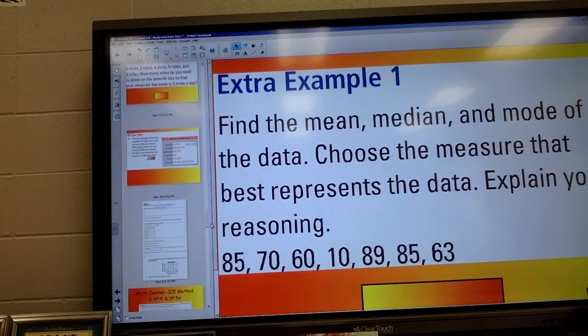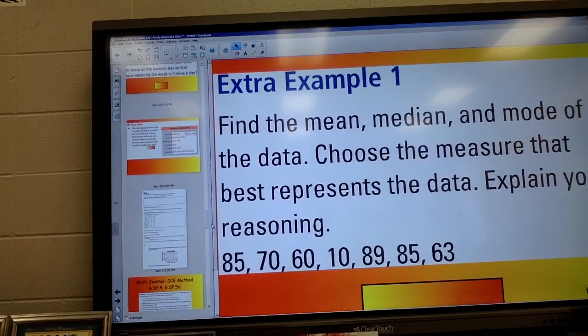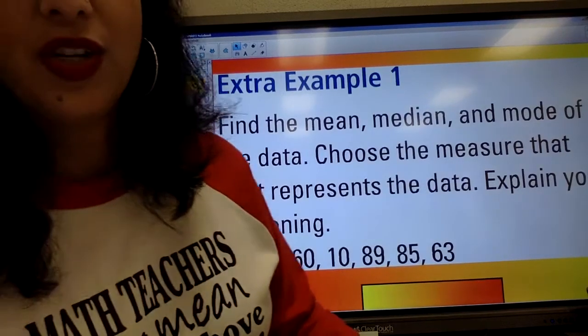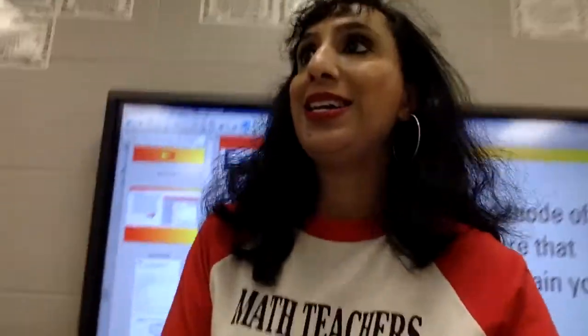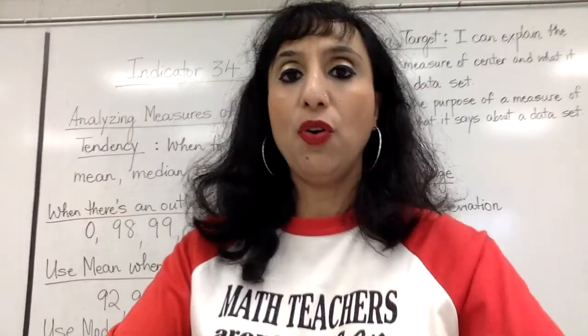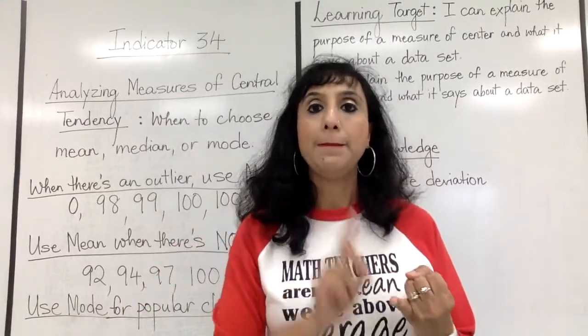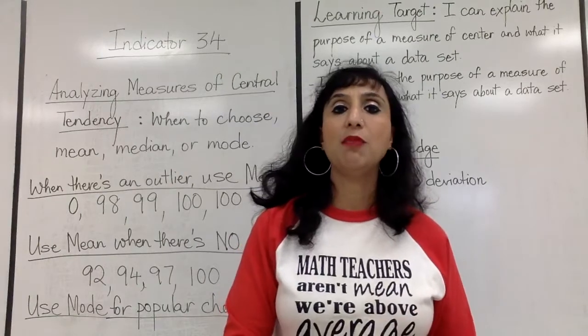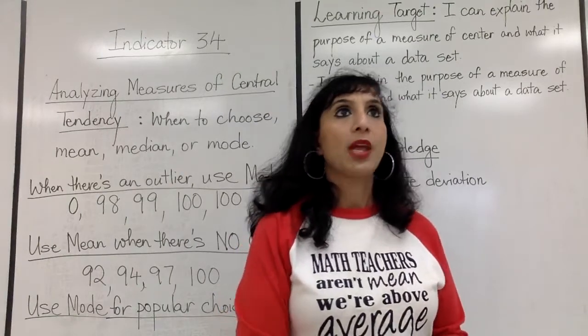And that's basically what this lesson is about, which measure to use and when to use that. And so once again, just a quick review of indicator 34. Indicator 34 is all about calculation of mean, median, mode, range.